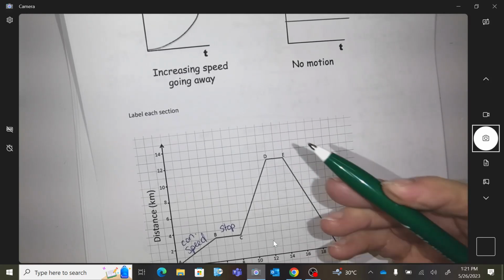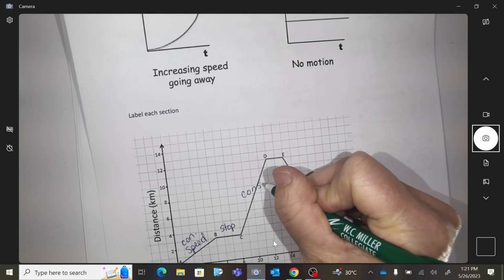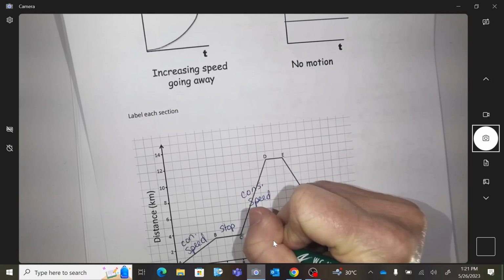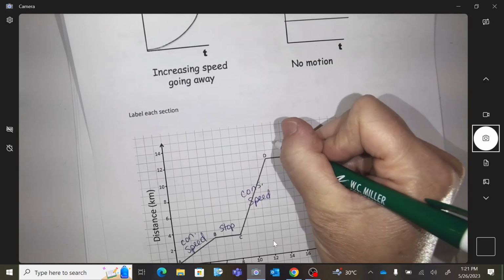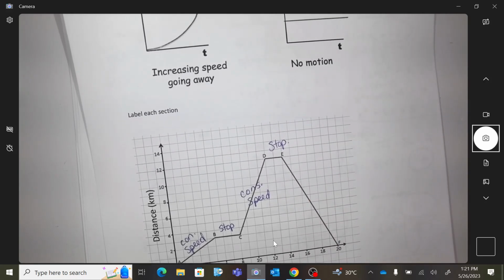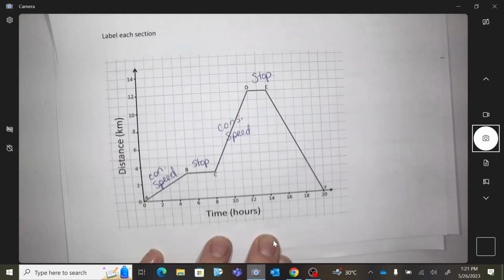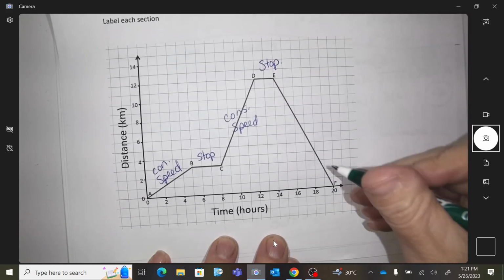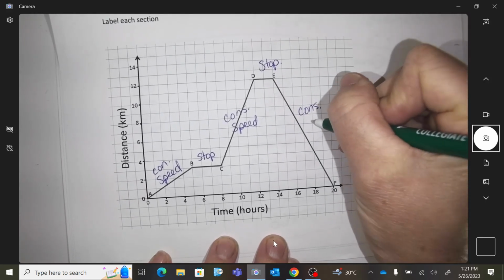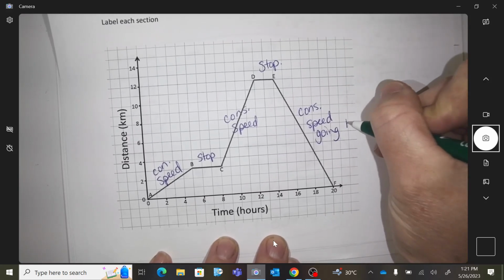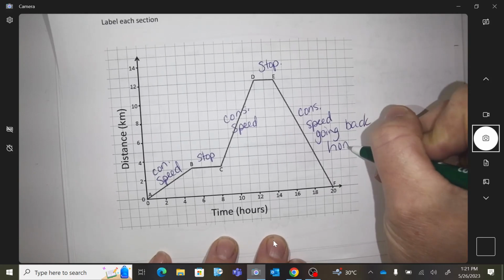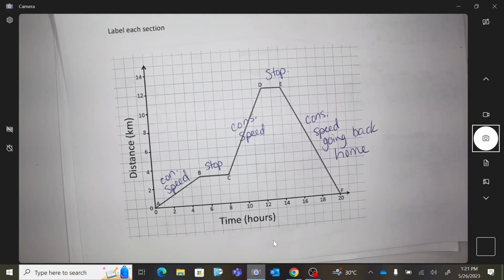Then here, we have a constant speed again, because our distance is changing at the same rate. Stopped. And then this is a constant speed going back home, or whatever you want to say about it. So you're traveling back to where you left.